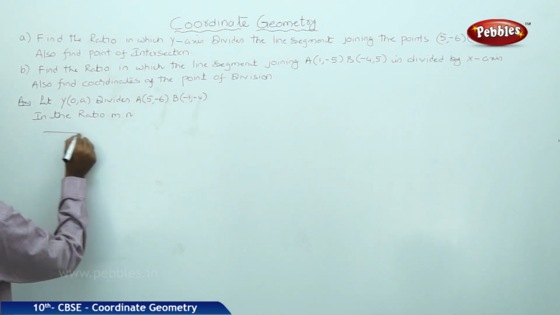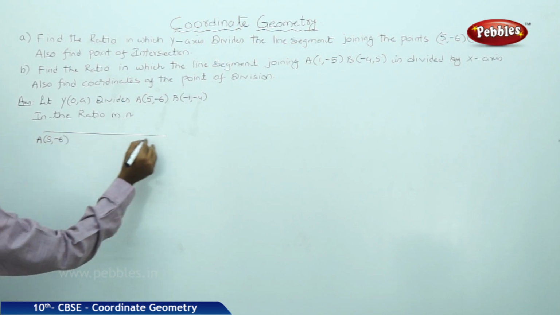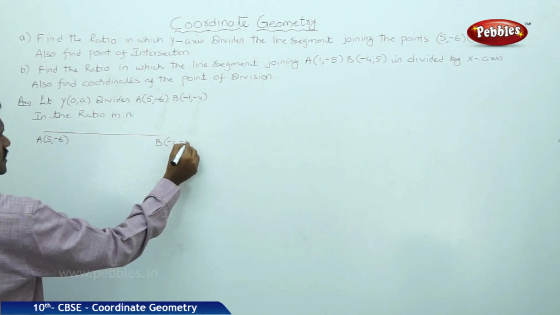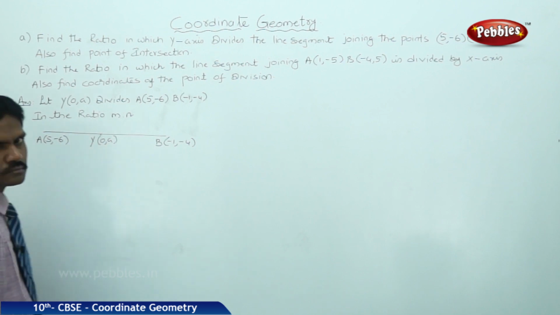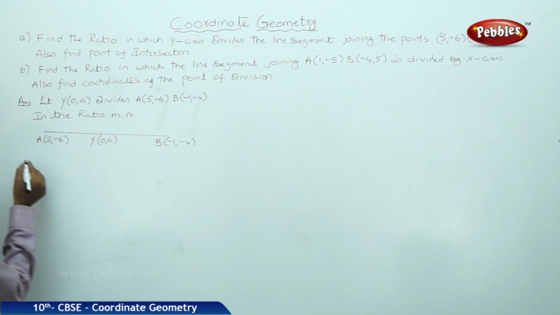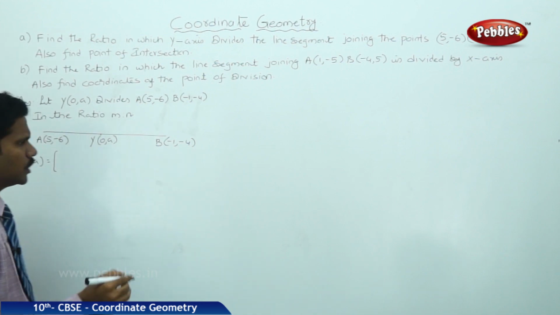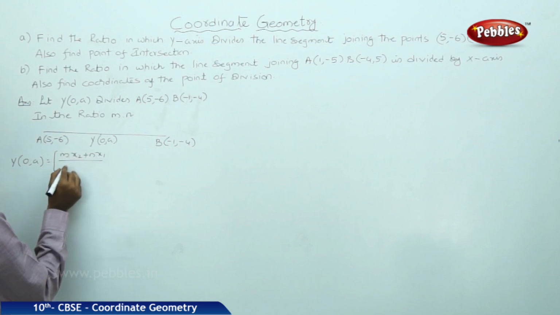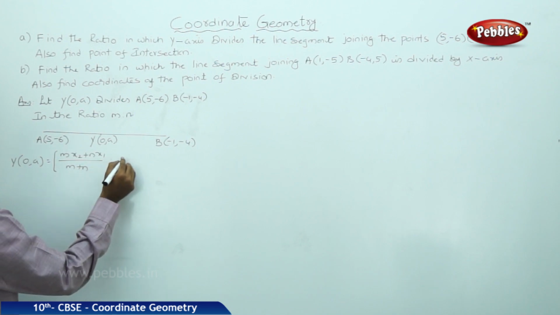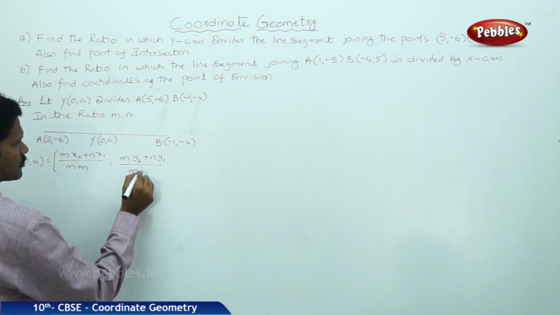Now A of (5 comma minus 6), B of (minus 1 comma minus 4), Y of (0 comma a). Now Y of (0 comma a) is equal to, write the formula, section formula: (mx2 plus nx1) by (m plus n), (my2 plus ny1) by (m plus n).